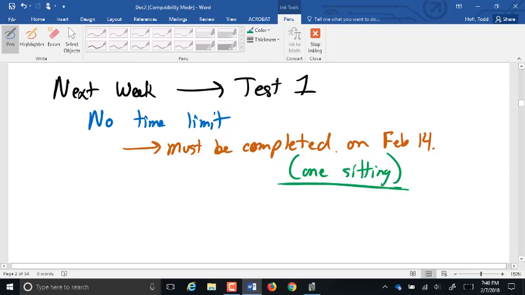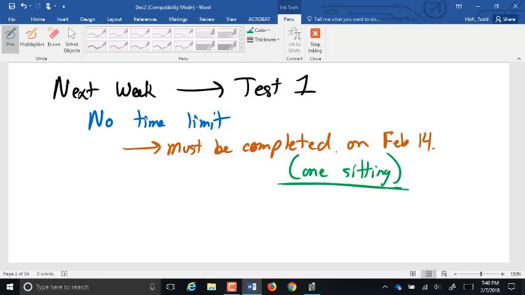Now I'm going to describe that. That doesn't mean you can't get up and go to the bathroom or go have a smoke. You can take breaks. But that does mean you can't start in the morning, work for 2 hours, and go do something else for 4 or 5 hours and come back and finish it. A reasonable break, 15, 20 minutes, and come back and go back to work.